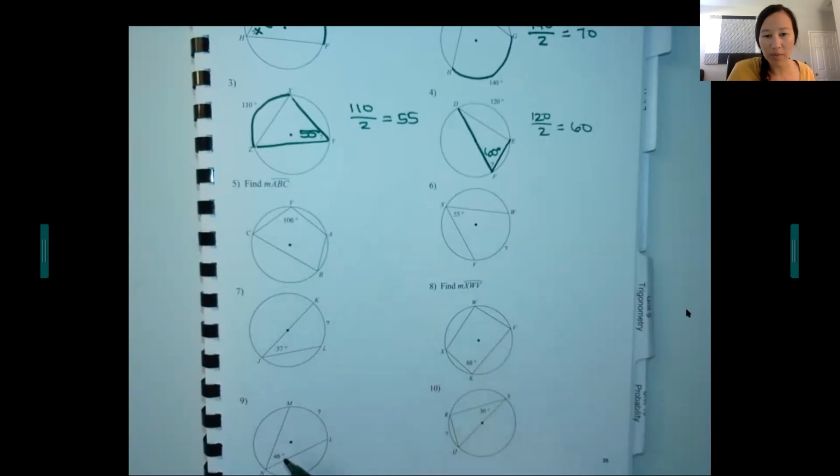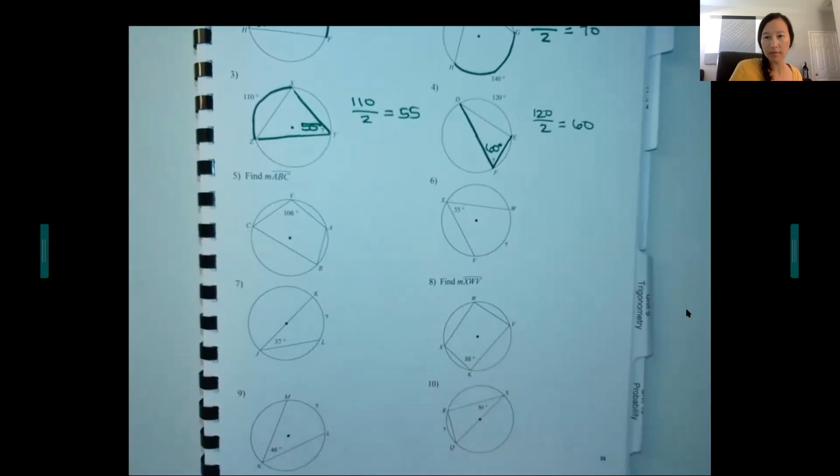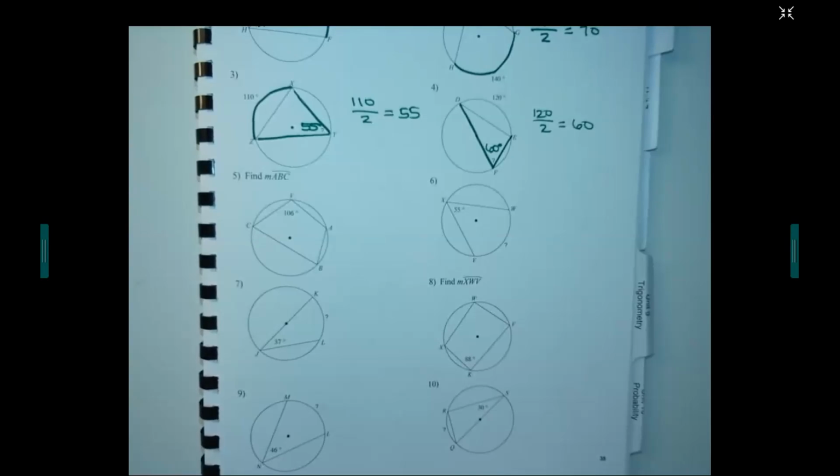And Jose, do number 9. And I'll do number 10. Am I only 7? Yes. Okay.